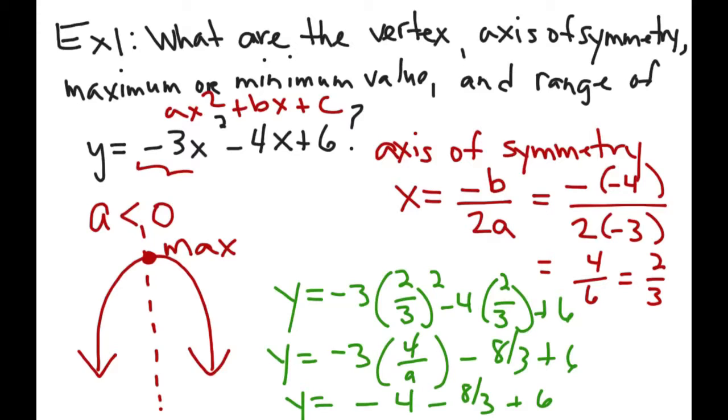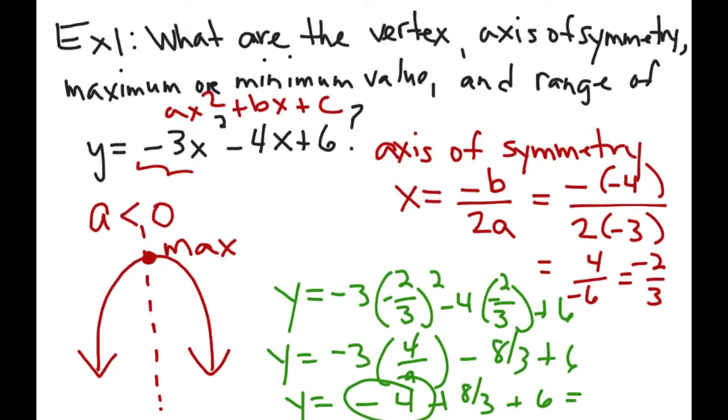Alright, I need to make a little adjustment. Up here in red, this should have been 4 over negative 6, which is negative 2/3, which means I should plug in negative 2/3 here. That's still going to be negative 4 here, but it's going to change that to positive 8/3.